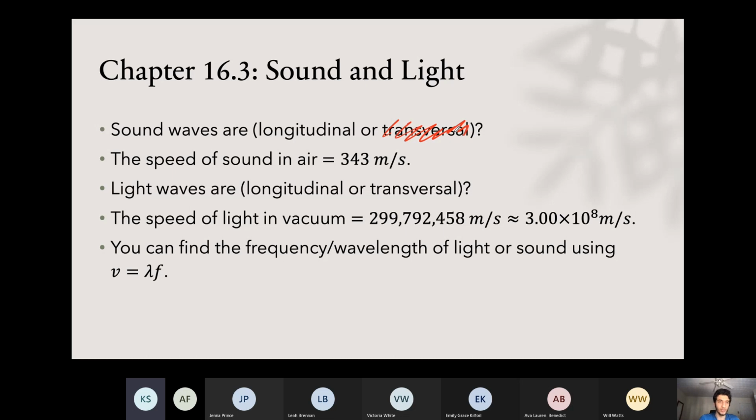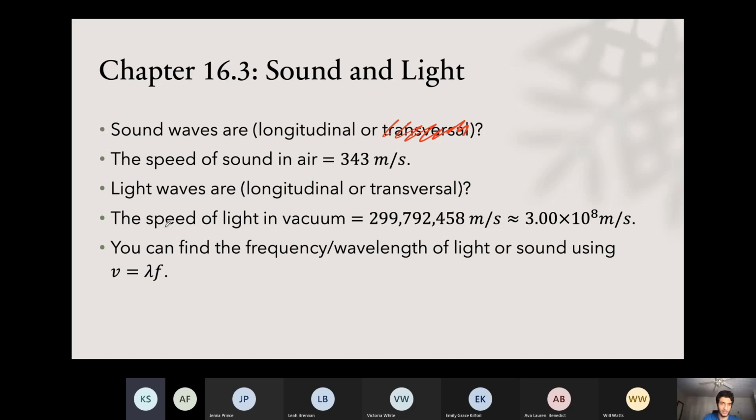Okay, now we jump to light waves. Are light waves longitudinal or transversal? Yes, indeed. Light is transversal. Light goes up and down.